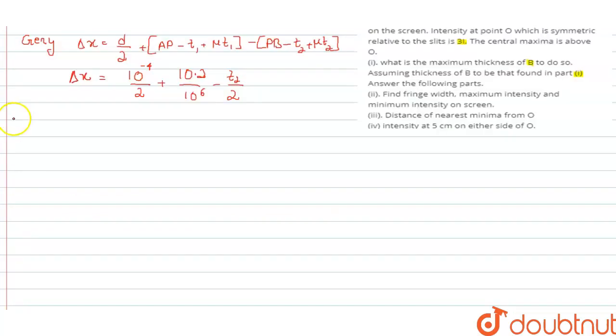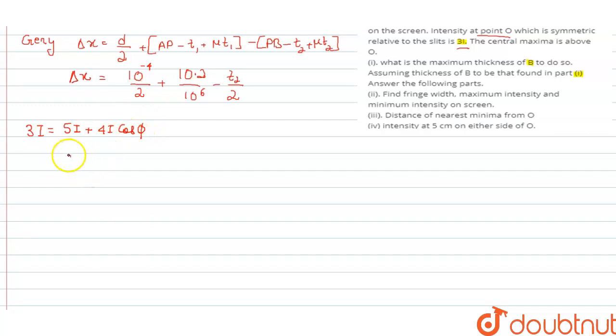Next, the information given to us is that the intensity at point O, which is symmetric relative to the slits, is 3I. So we can write 3I is equal to 5I plus 4I cos phi.